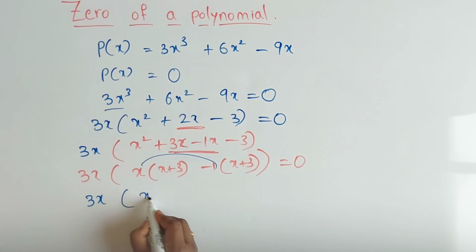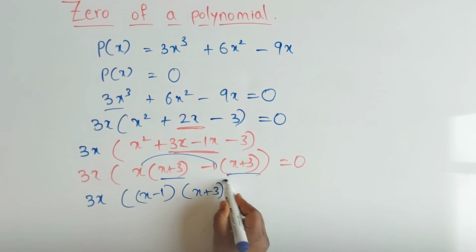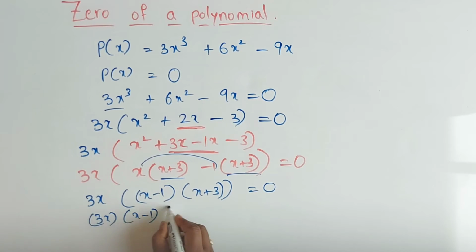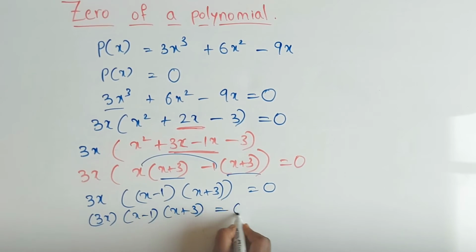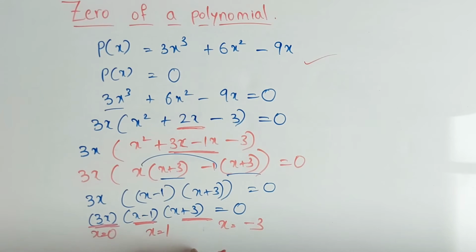Here x minus 1 and x plus 3. Correct, children? So 3x into x minus 1 into x plus 3 equal to 0. If you make this term 0, x value is 1. If you make this term 0, x value is minus 3. If you make this term 0, x equal to 0. Here we have 3 zeros for a cubic polynomial. Correct, children?